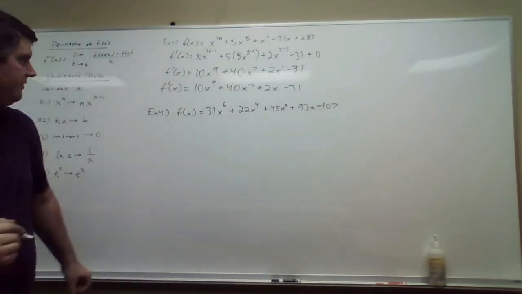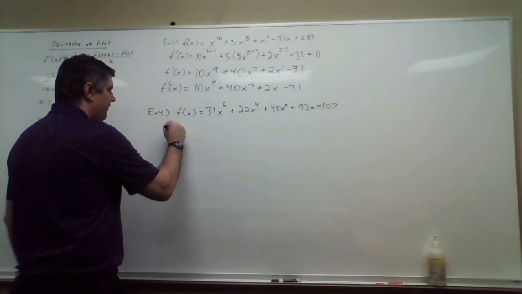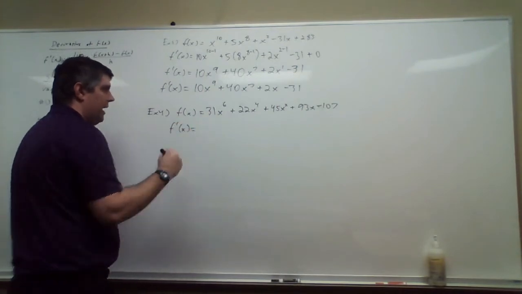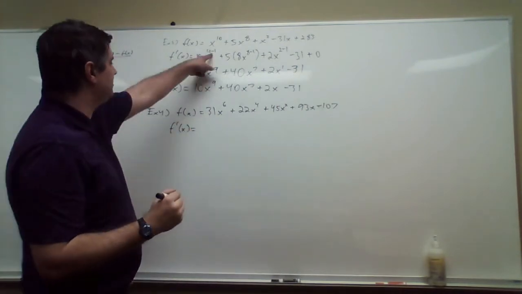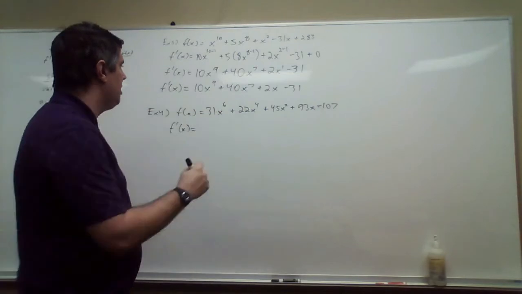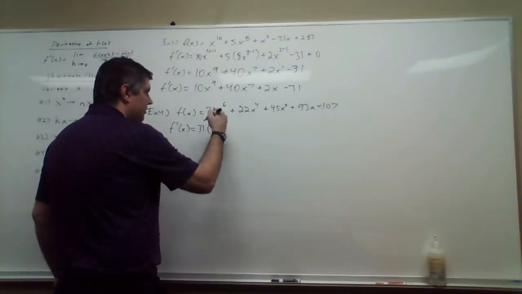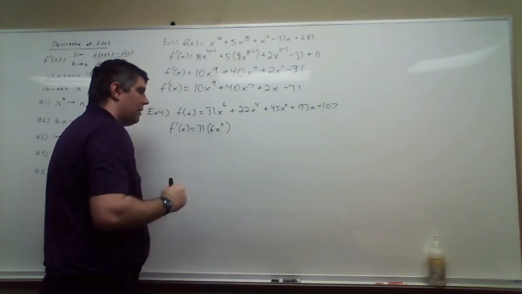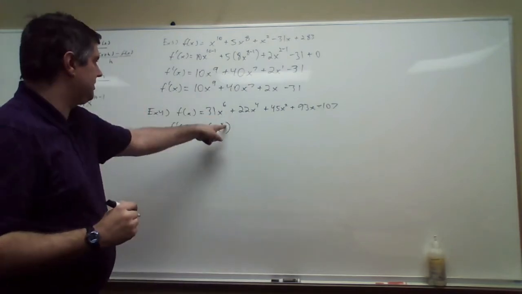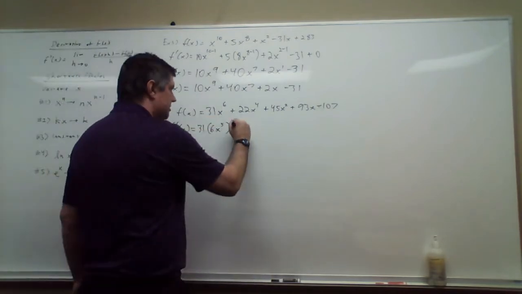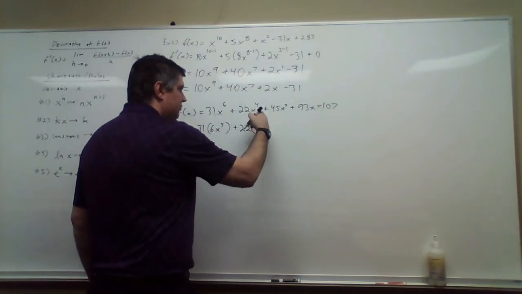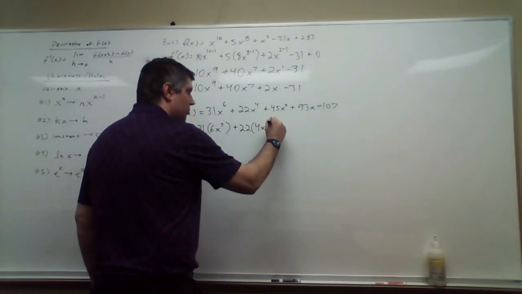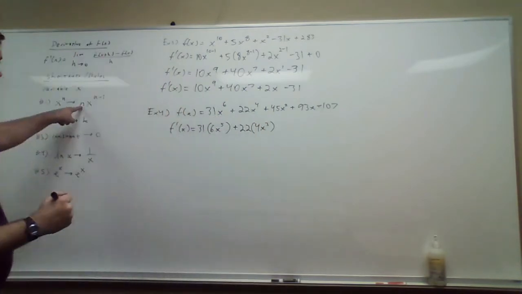Okay, so derivative. F prime of x will be, what we're going to do is skip the subtraction step for positive powers. So I'm going to have 31, the 6 will go to the front, and I will have x to the 5th. It will go down a power. 6 down to 5. Plus 22 times 4, x cubed. These two follow this rule.